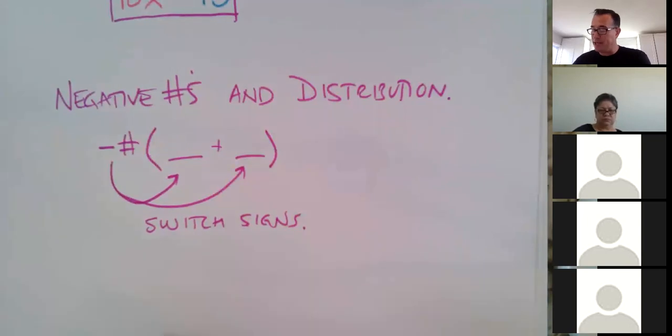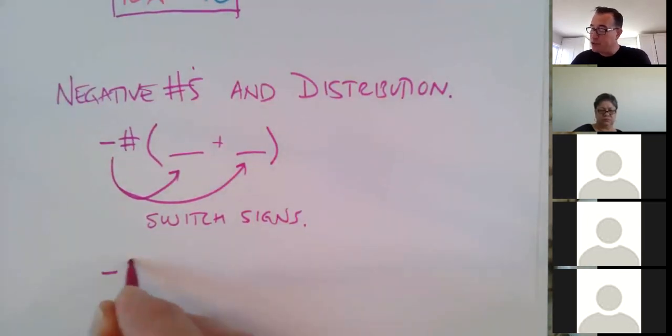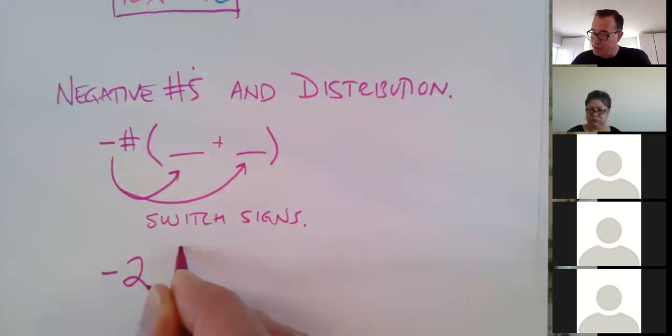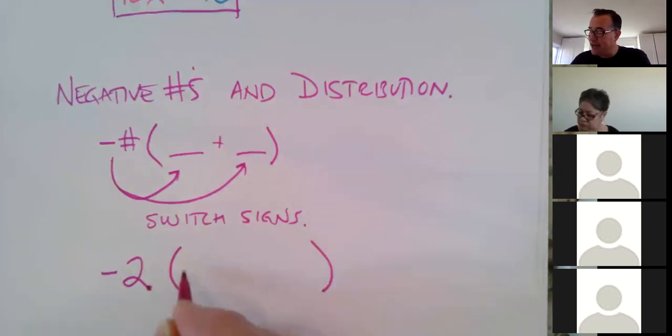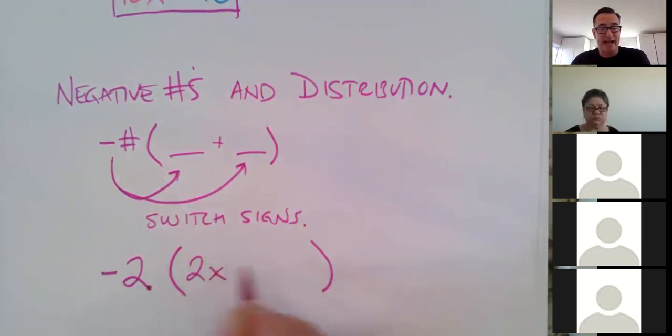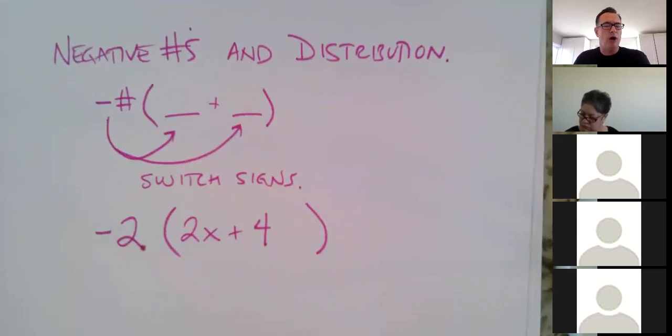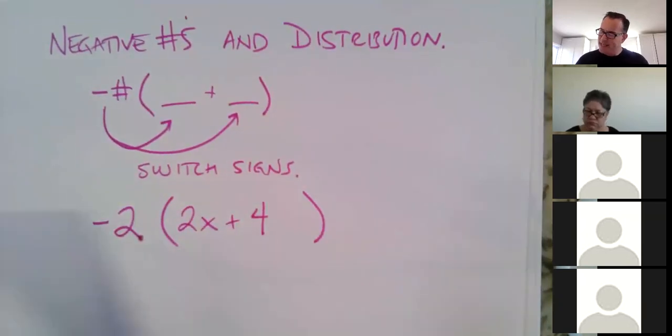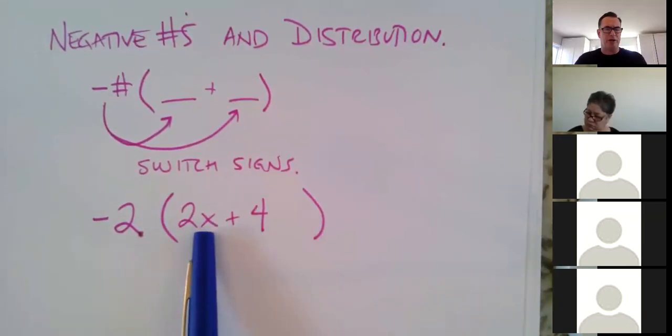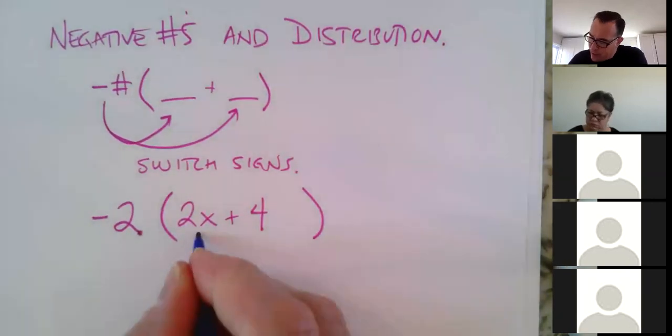So let me give you an example. If I have a -2 outside of parentheses, and inside here, let's say the first thing I'm going to have is 2x, and the second thing is going to be a +4, okay? Now, is this positive or negative? That one right there. Positive. What about this one?